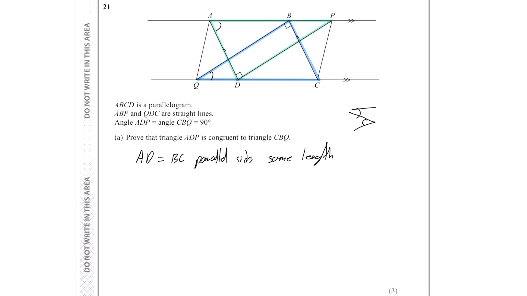Well, we can look at the obvious one first, to be honest. They've both got the same right angle. So we have got ADP is equal to QBC. Both have a right angle.